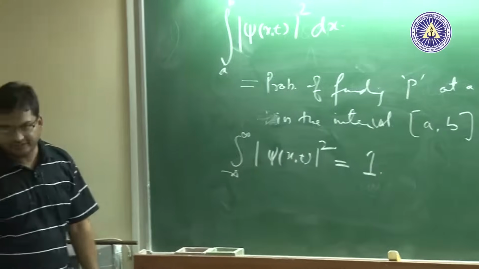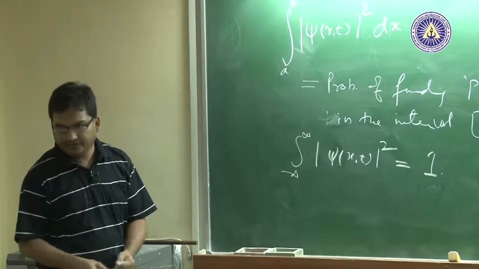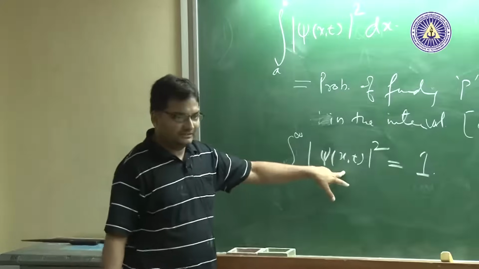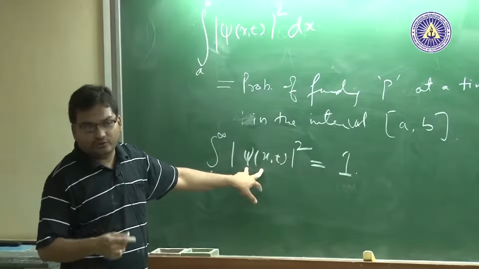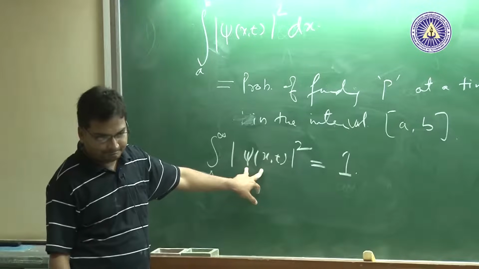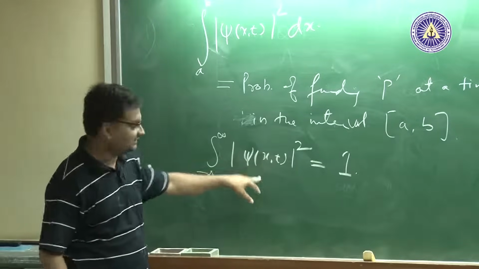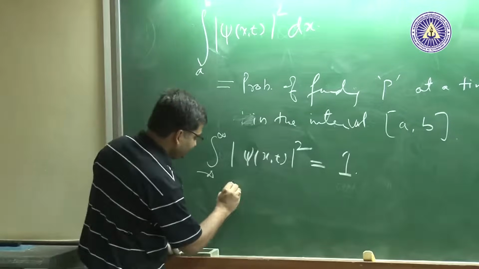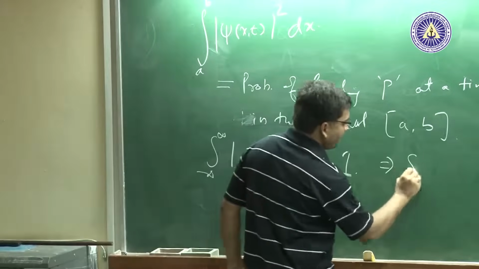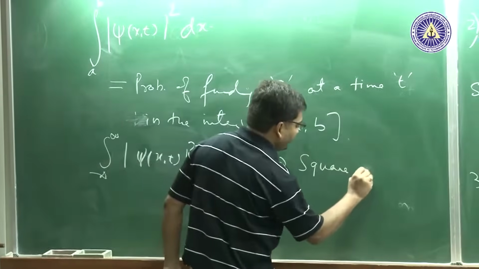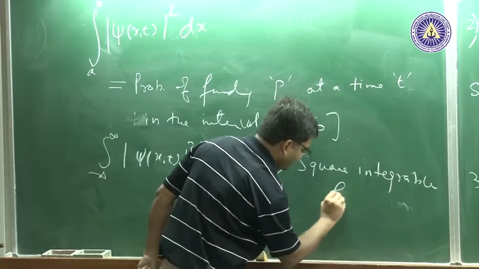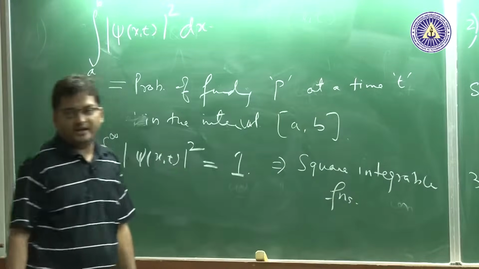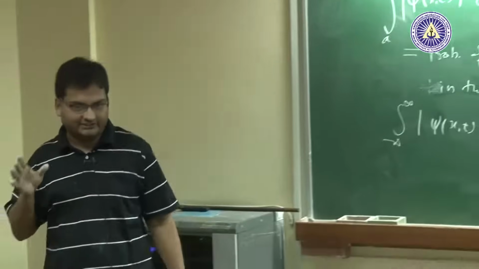This is the criteria on my state wave vector. All functions like this, which satisfy this criteria, are called square integrable. And any physically relevant wave function has to be a square integrable function, period.